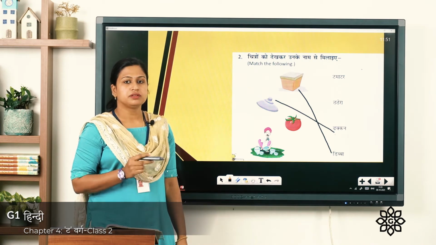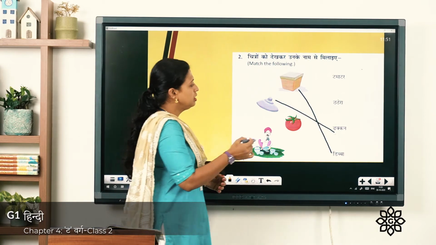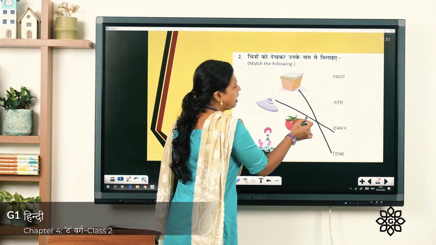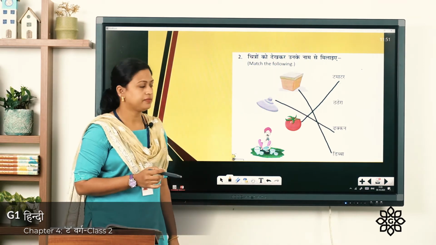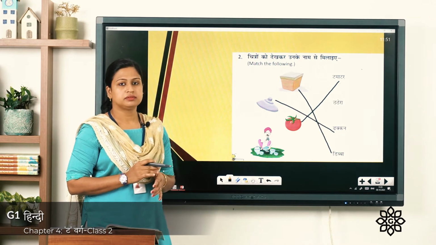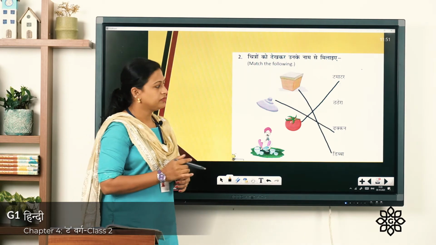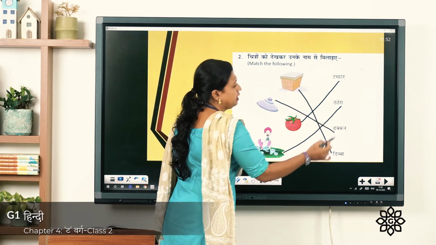Third one, tomato, in Hindi it's tamatar, it starts with ta. The fourth one is tinker, thatera, it starts with tha, thatera.